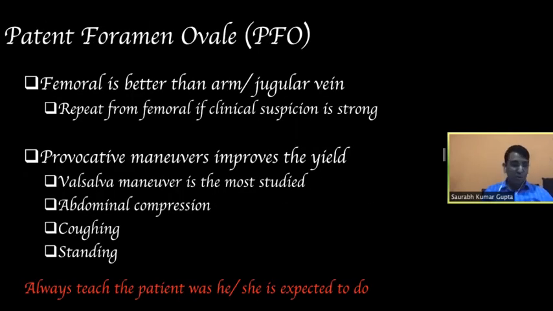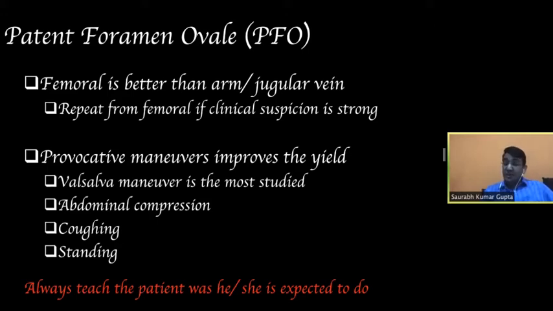Now, coming to the most common indication of saline contrast echocardiography in today's era, patent foramen ovale. And just to summarize about saline contrast echocardiography in PFO, femoral is better than arm or jugular vein. Repeat from femoral if clinical suspicion is strong. Provocative maneuvers improve the yield, and most commonly studied is the Valsalva maneuver, although others can also be used, like abdominal compression, coughing, or standing.